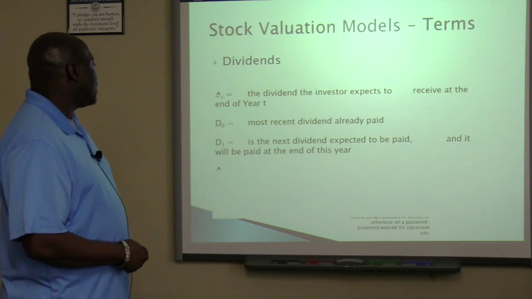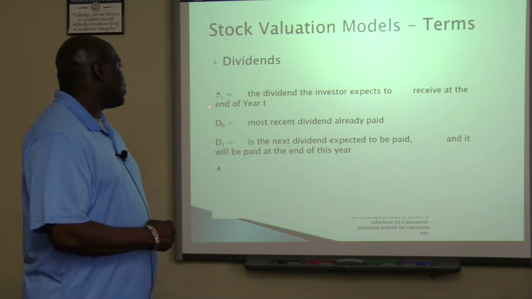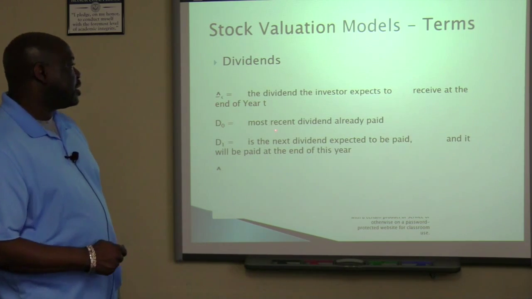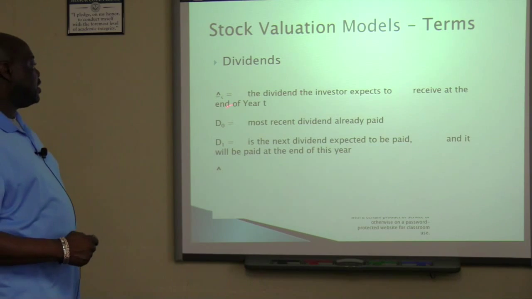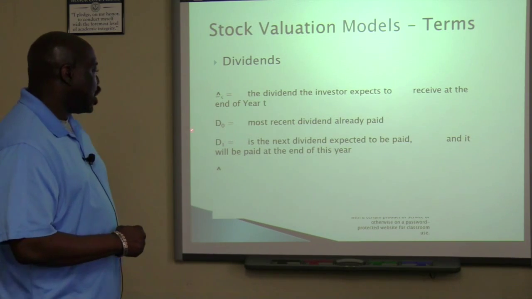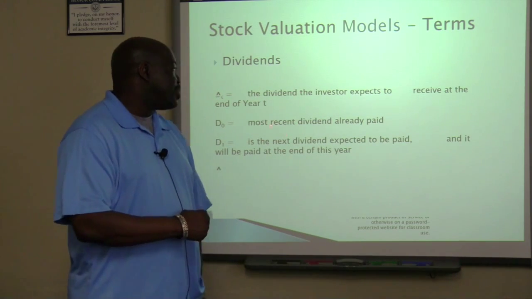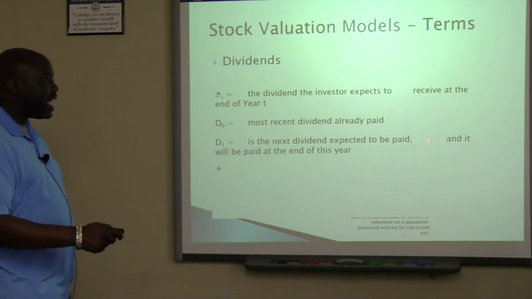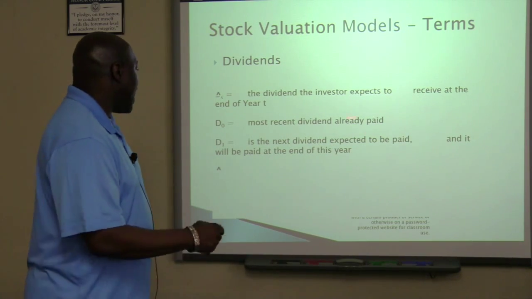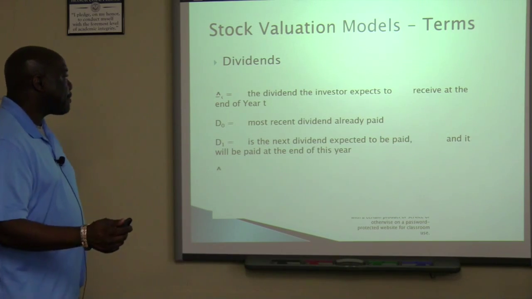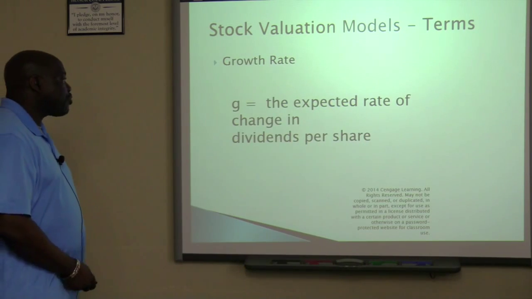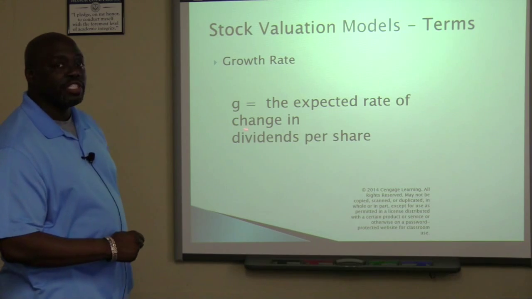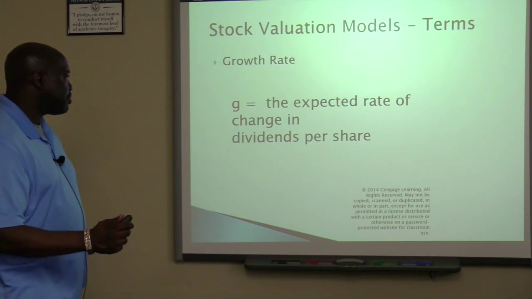We also have dividends, the dividend the investor expects to receive at the end of the year. You have D0, which is the most recent dividend already paid. You have D1, which is the next dividend expected to be paid, at the end of this year. Growth rate is the expected rate of change in dividends per share.